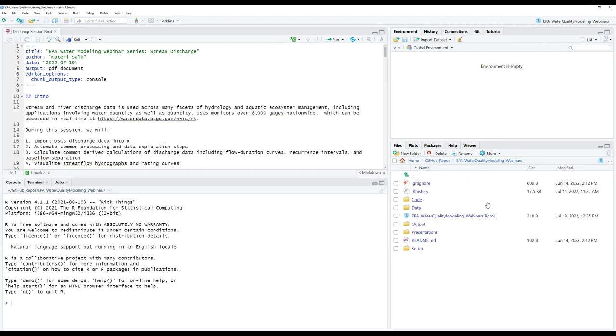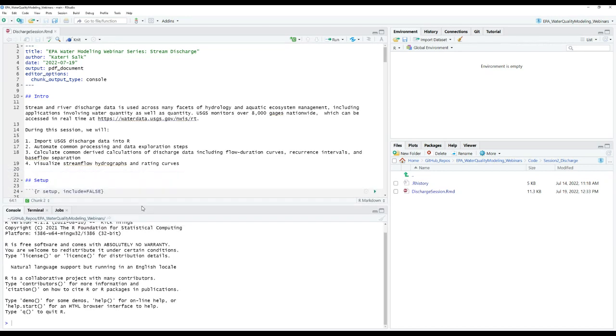And if this opens up to the EPA Water Quality Modeling Webinars folder, you can then just click through and navigate into Code, navigate into Session 2 Discharge, and then open up discharge session.rmd. So that should get you where you need to be. Once you click on that file, in the upper left-hand corner, a markdown file, which looks like this, should open for you.